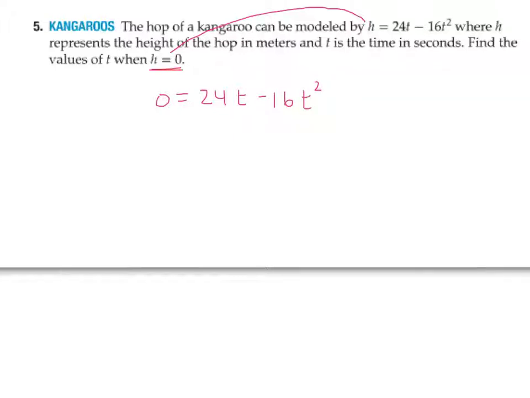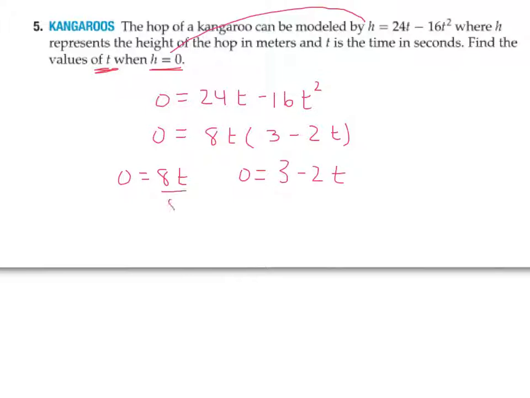Okay, so I'm finding t. I have to find my time. So now I'm going to pull out a GCF, and in this case, an 8 and a t will come out. And I'll have 3 minus 2t left. Okay, so 0 equals 8t, and 0 equals 3 minus 2t, okay?